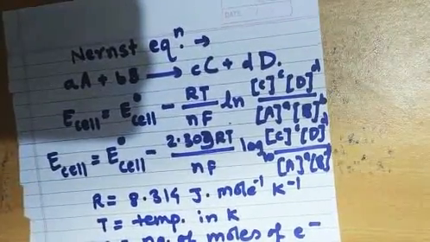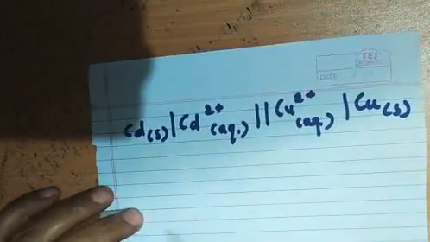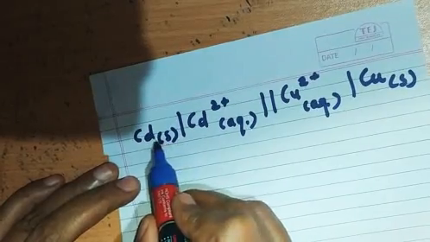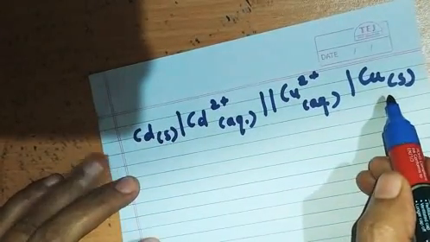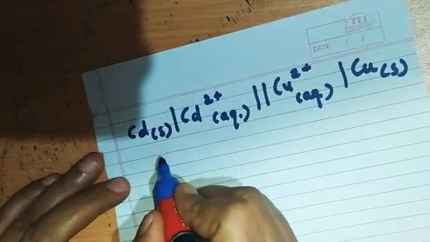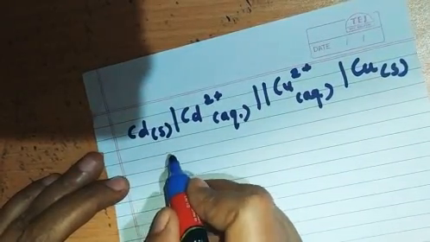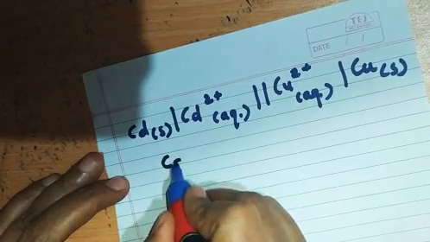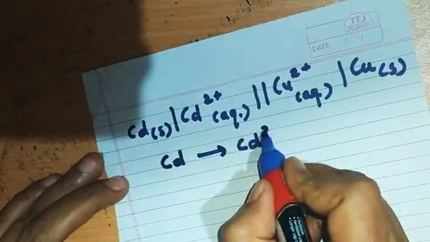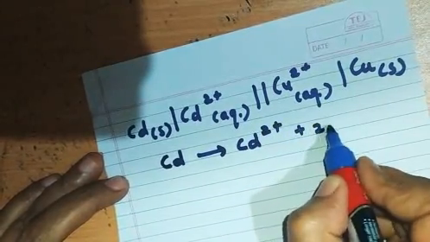Then let us see the calculation of cell potential. For that, let us consider the cell. In this cell, cadmium is anode and copper is cathode. Let us see the cell reactions. Cadmium is anode, therefore it undergoes anodic oxidation by releasing 2 electrons.